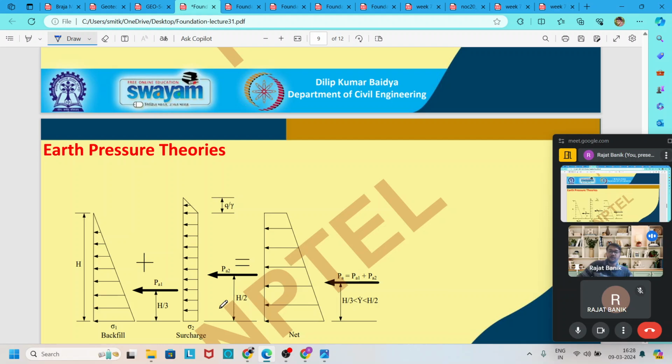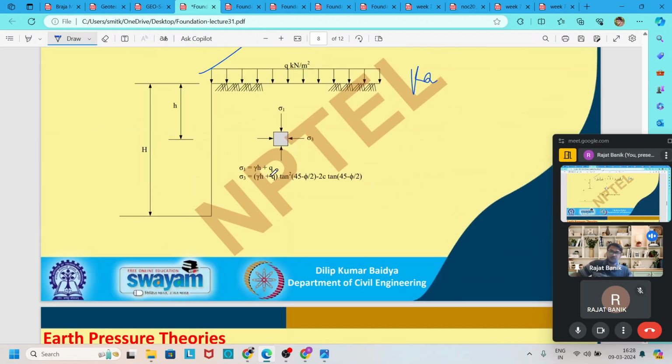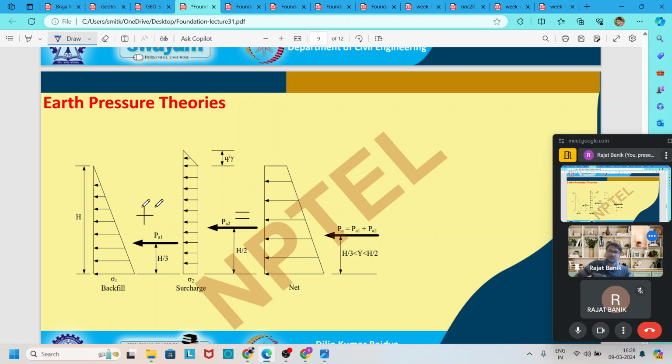So for this type of problem, you can see that here is the ground surface. We can neglect this part above the ground surface, so you only find the pressure from here to here.